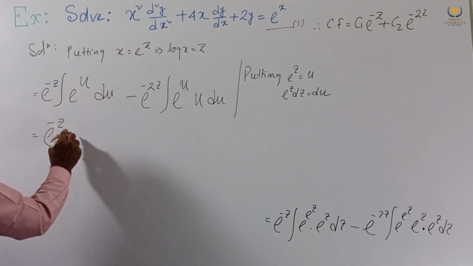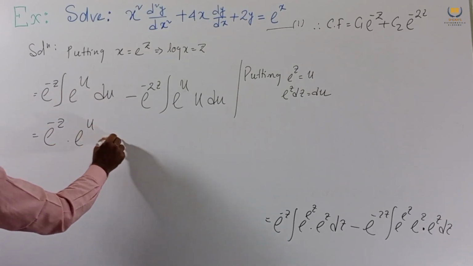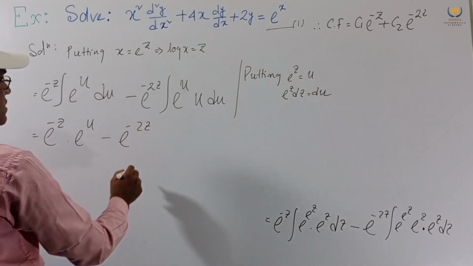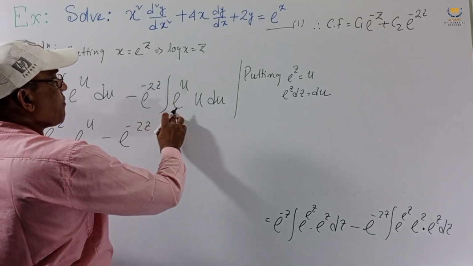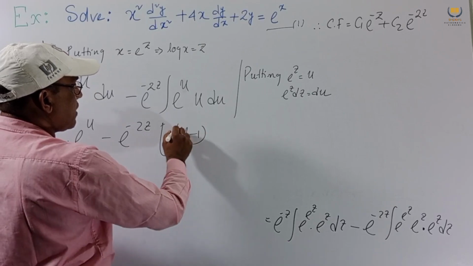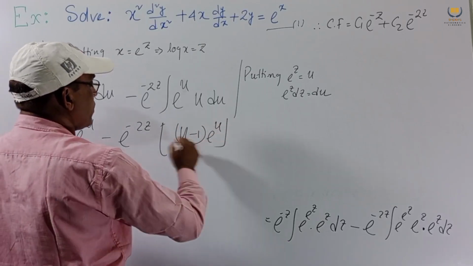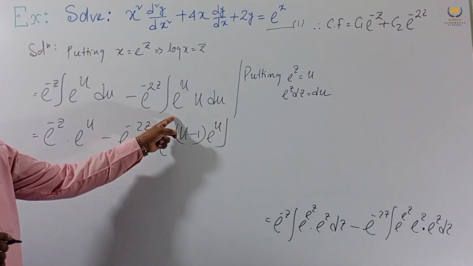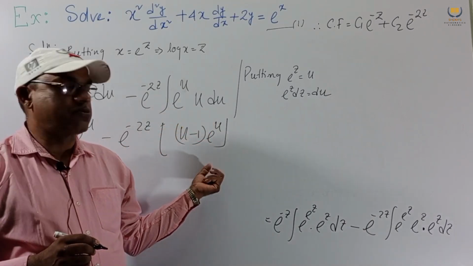If we integrate e^u, we get e^u. And e^(−2z) remains, and using the by parts formula, we get (u − 1)e^u. If we directly use the by parts formula, we get this one.